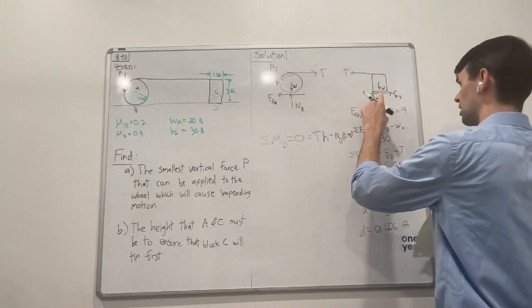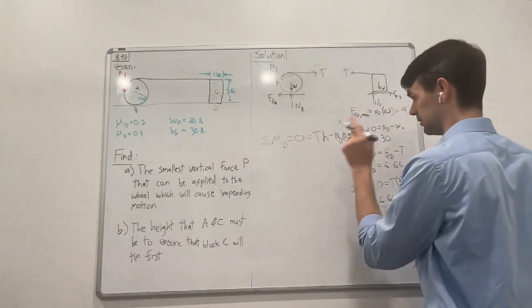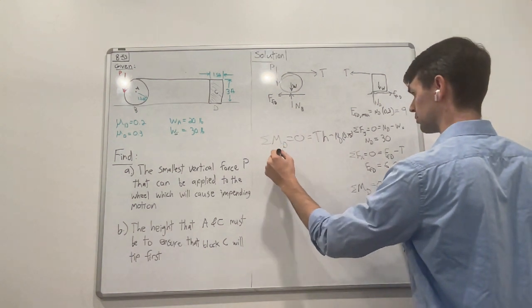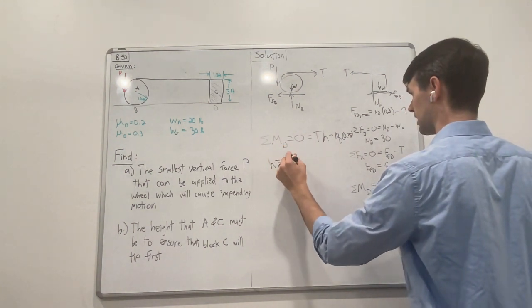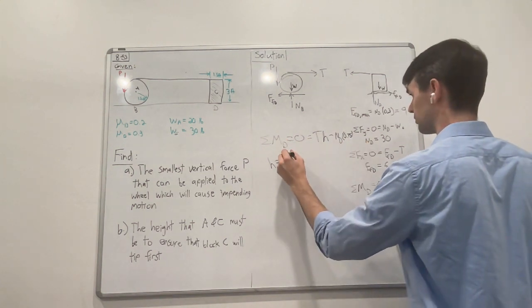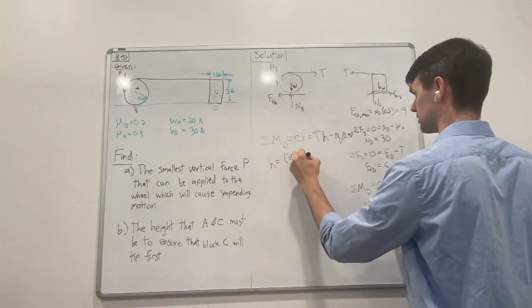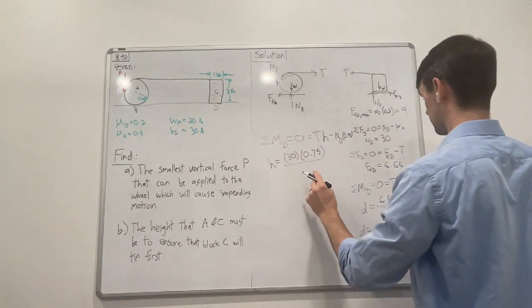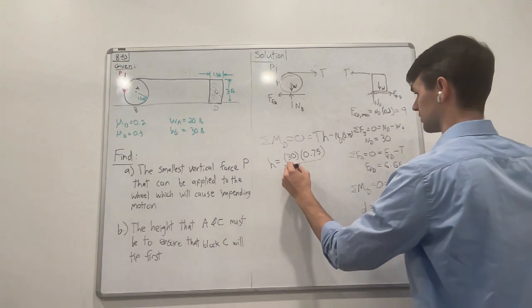So now we're assuming it is right on the corner where that's acting. And with some relatively simple rearranging, we get the height equals 30, since ND is still 30, times 0.75 divided by the tension, which is 6.66.